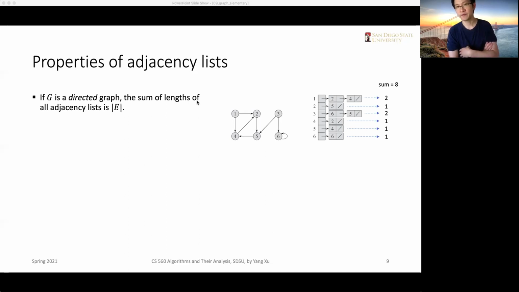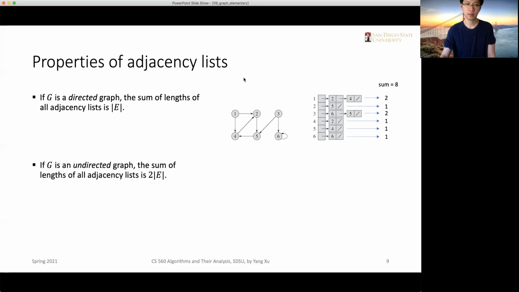If you go through all the adjacency lists in one pass, that basically means you need to visit all the edges once. So it is a pretty good estimate of running time complexity for some algorithms.